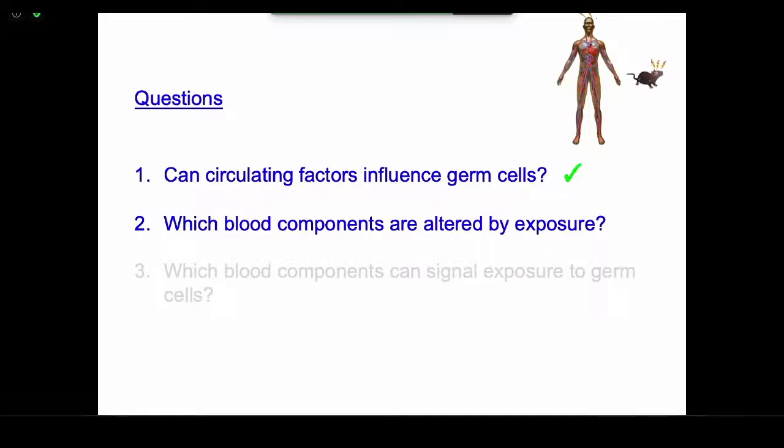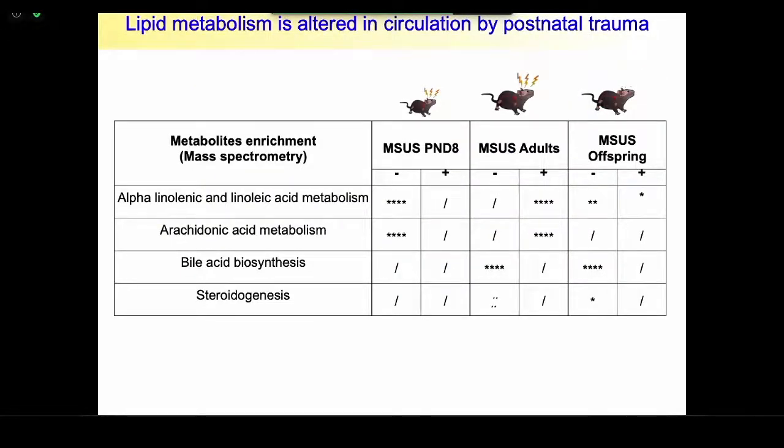Now, the question is which blood components are altered by exposure and could explain this communication with germ cells. To address this, we conducted unbiased proteomic and metabolomic analysis on the blood of the animals.